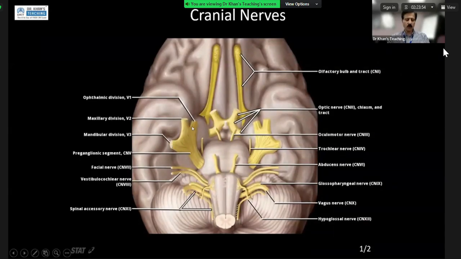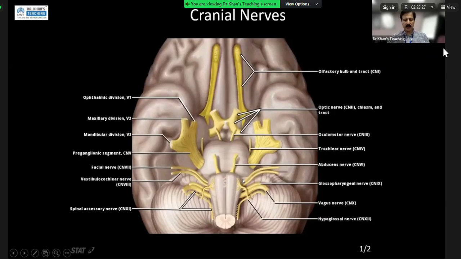As we have learned, they go into different foramina. Then look at this. This is at the junction of the pons and the medulla, and this is the sixth nerve. It will ultimately go out of the skull through the superior orbital fissure. Now these are the nerves arising from the medulla.